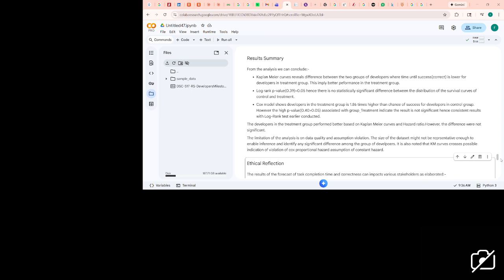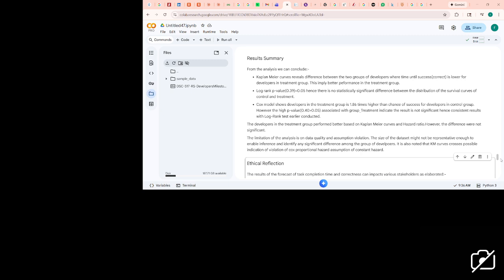So one of the limitations of this analysis can be attributed to the quality of the data. Our data set is small, and this can cause problems on representativeness. It cannot be used to infer based on the small size.